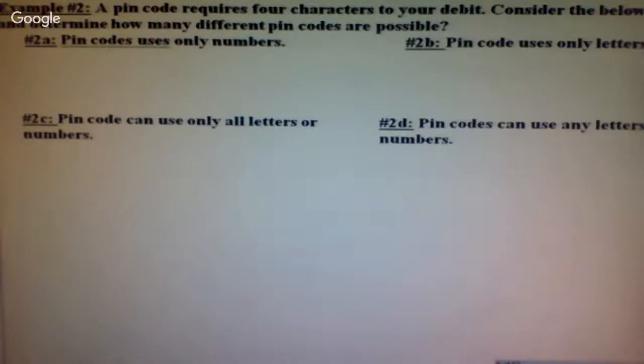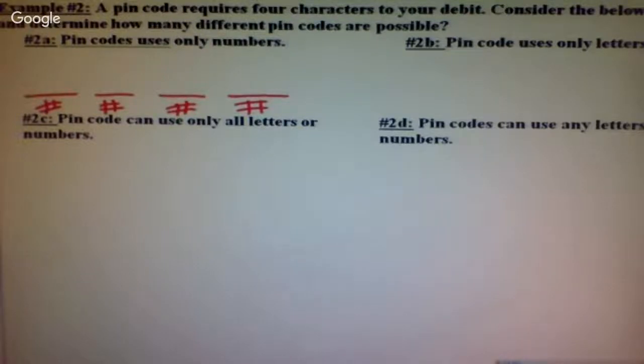A PIN code requires 4 characters. Okay, so 4 characters. 1, 2, 3, 4. Consider the below cases and determine how many different PIN codes are possible. My PIN codes are using only numbers. So this has to be a number, this has to be a number, this has to be a number, and this has to be a number.